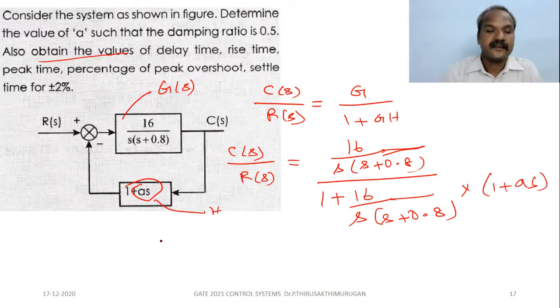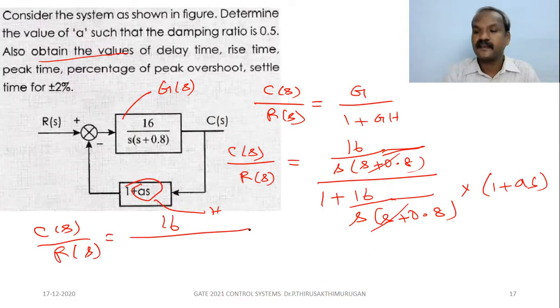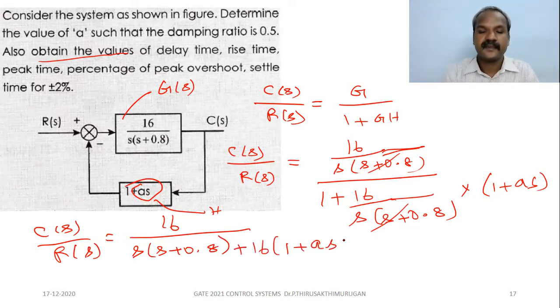So we can take a common denominator for both numerator and denominator, so this cancels. So C of S by R of S equal to 16 divided by S into S plus 0.8, plus 16 into 1 plus AS.